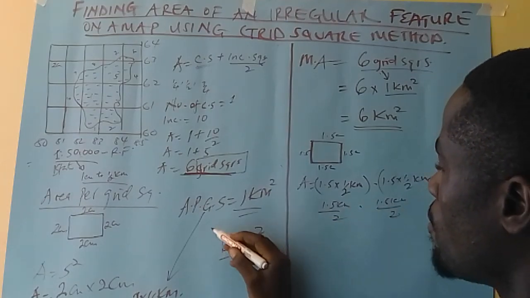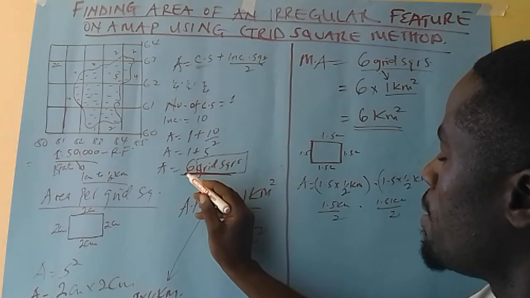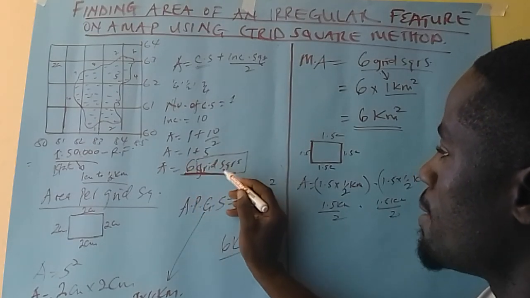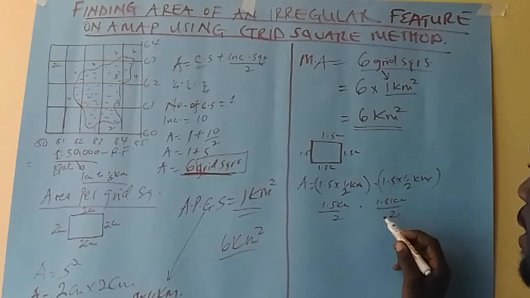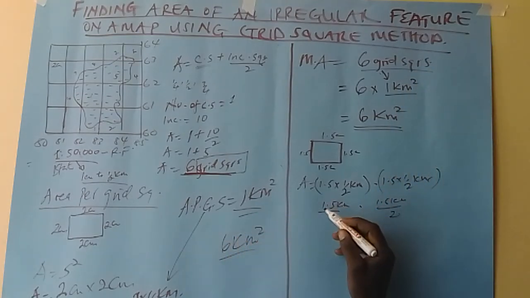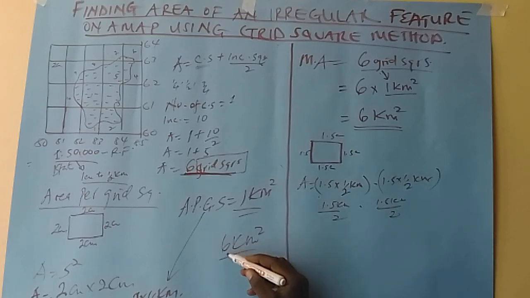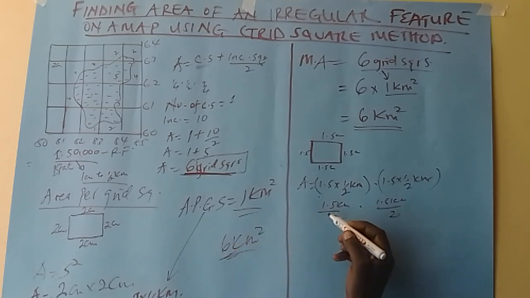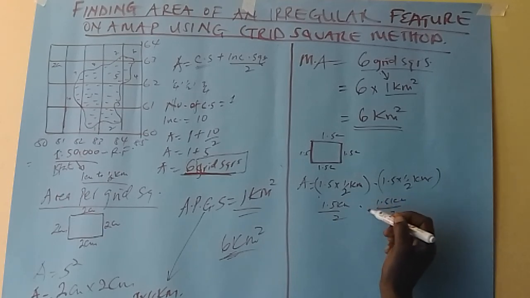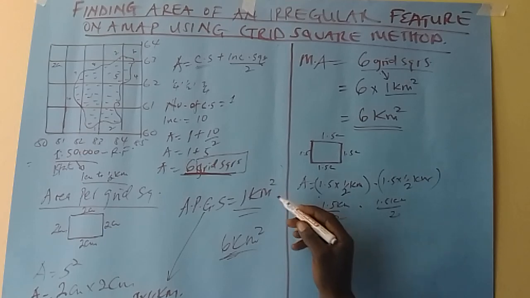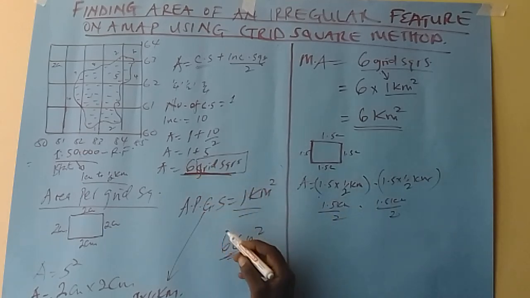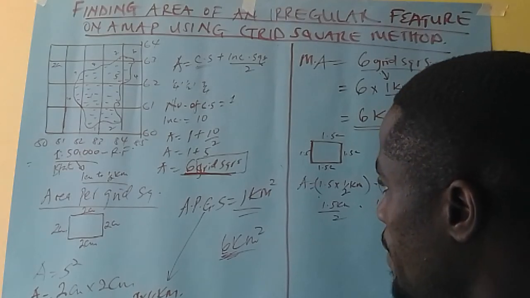Remember, it is 1 kilometer squared that we multiplied with what we had got as our total of grid squares. So meaning here, if I just cram, it is going to be wrong. Here, I'll not get 6 kilometers squared. If I get 1.5, I divide by 2, I'll not get 1. That means what I get here, when I multiply it with this, it is going to change. It will not remain 6 kilometers squared.